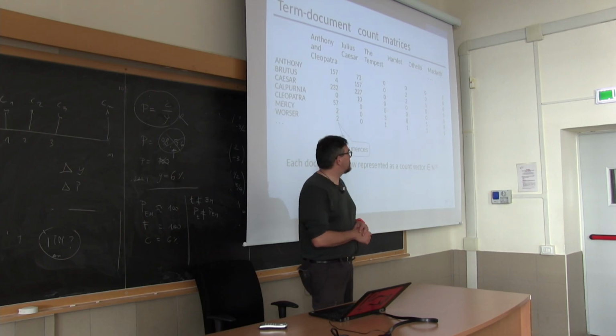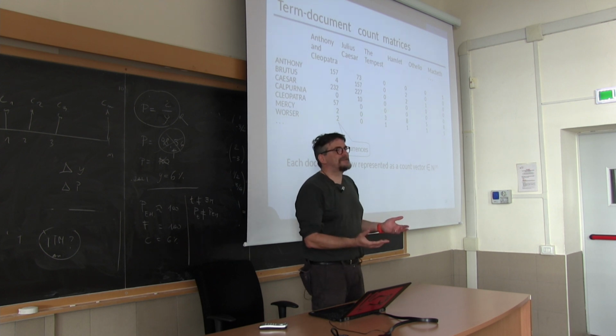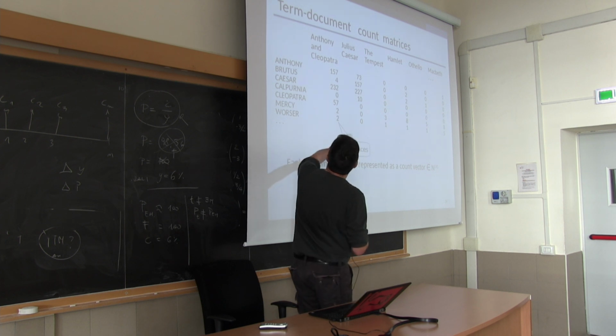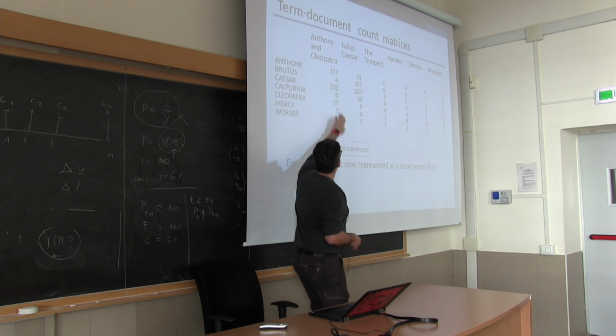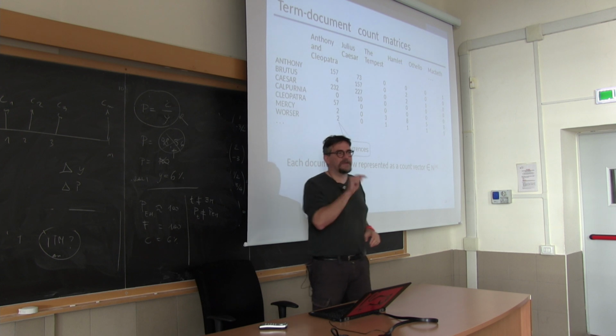Namely, we are to some extent answering the first observation we made before. So this means that in Antony and Cleopatra, Antony appears 157 times, Brutus 4, Caesar 232, and so on and so forth. This is the frequency of a term in a given document.